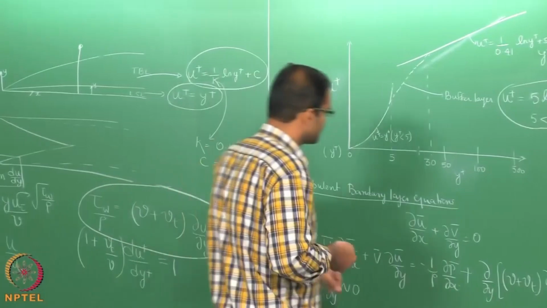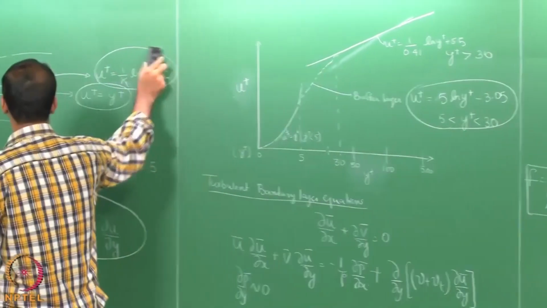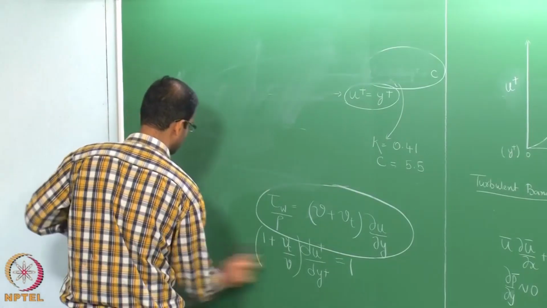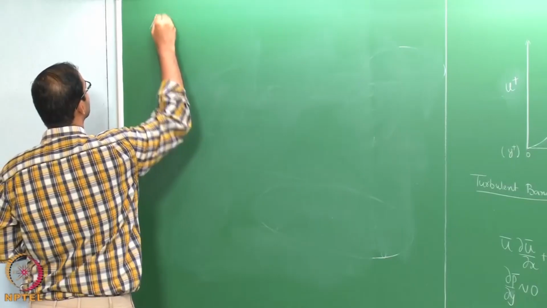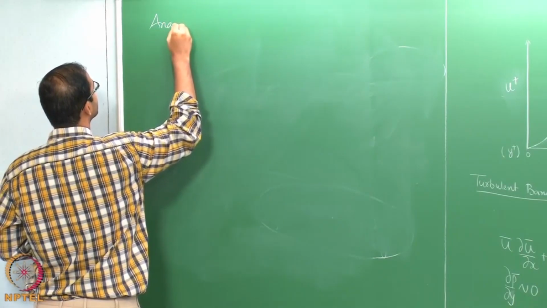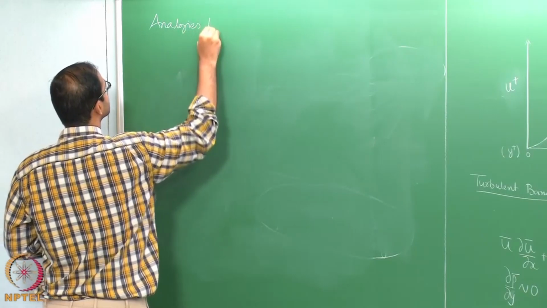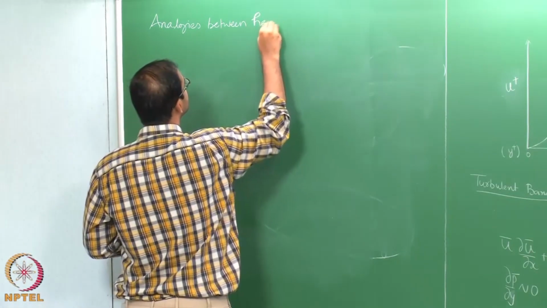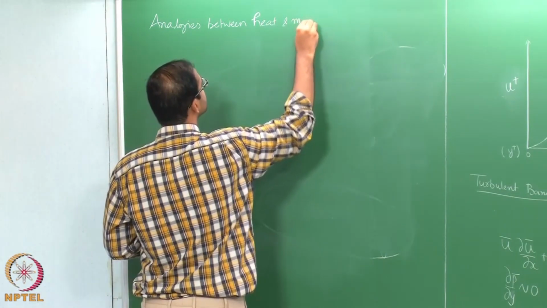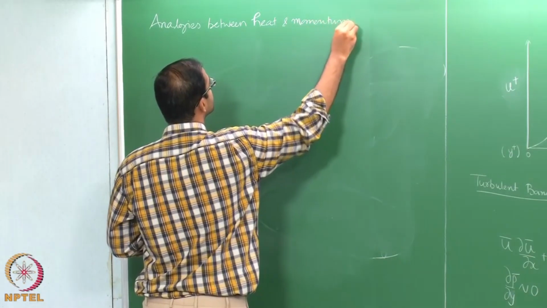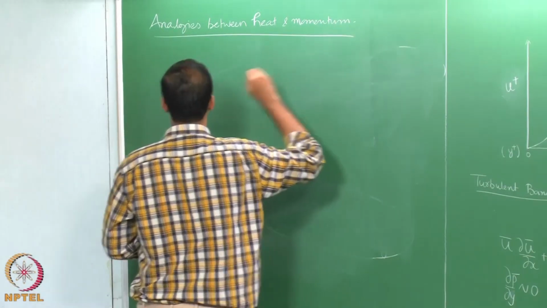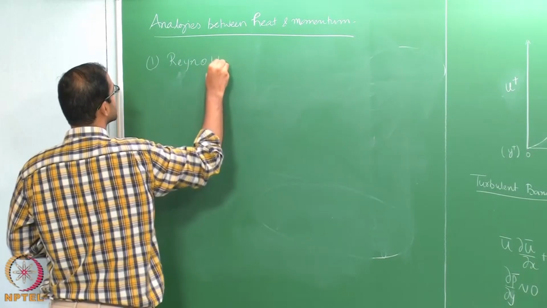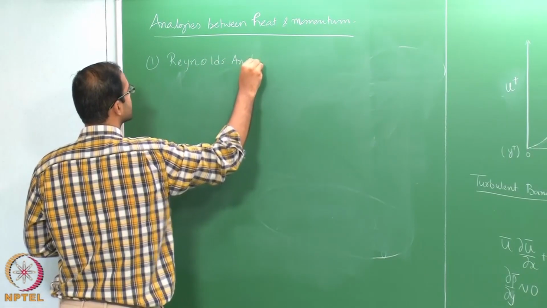So, the first analogy that is quite popularly used is called the Reynolds analogy. So, now we are talking about analogies between heat and momentum transfer. And the most popular, the most basic also, is called the Reynolds analogy.